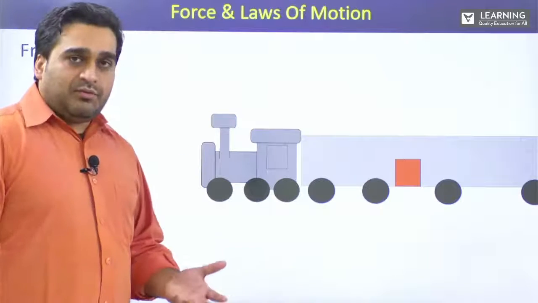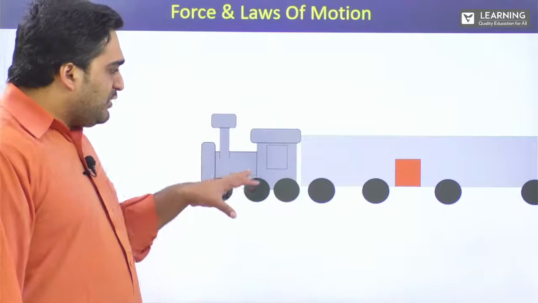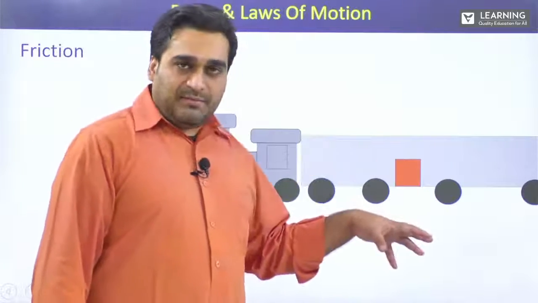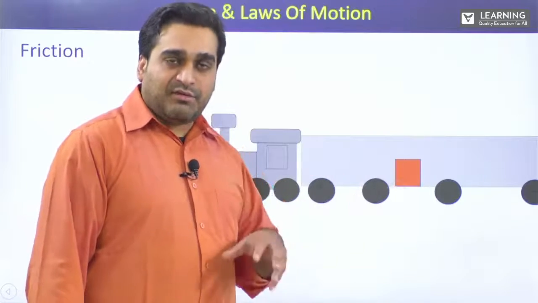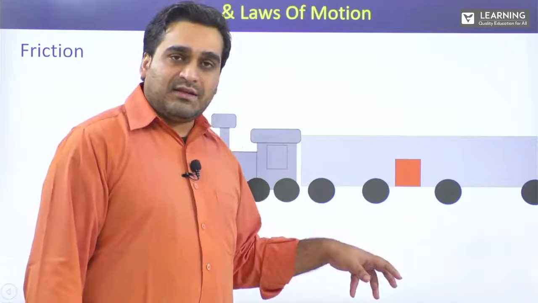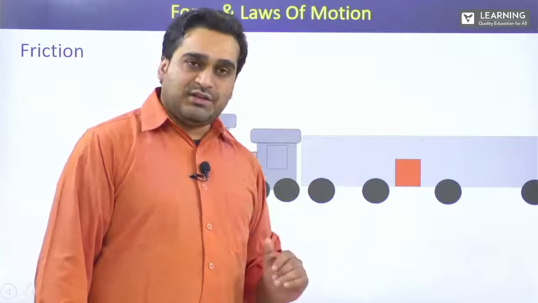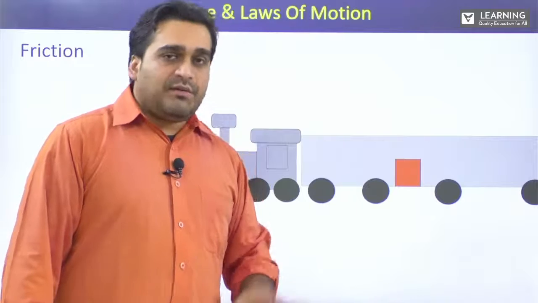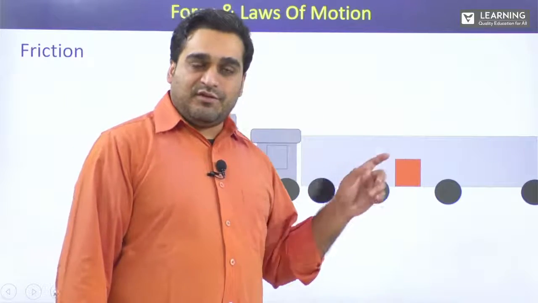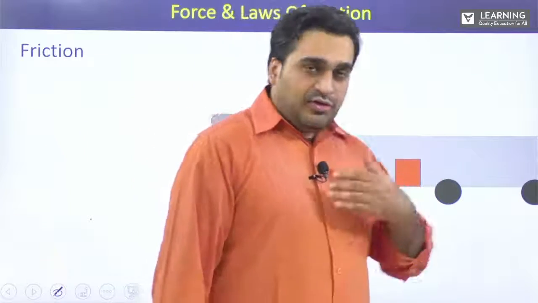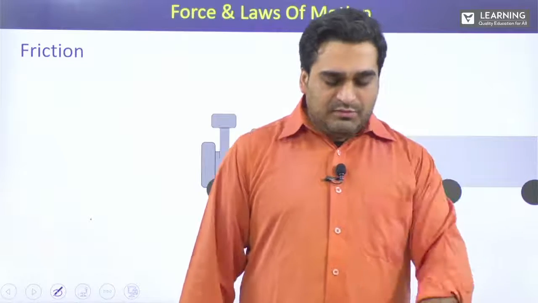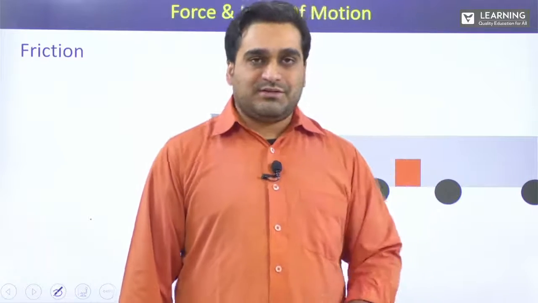Now practically, what you observe from a point of view inside the train, as the train starts and journeys, is that the box will remain at rest. If you're standing inside the train, once the train starts moving, that box will remain as it is.